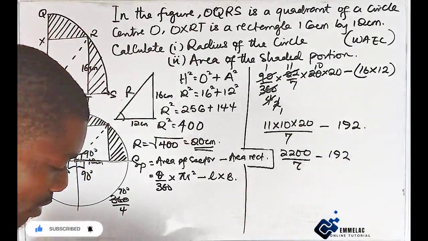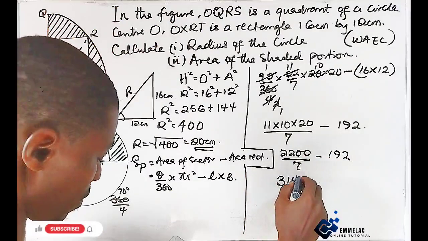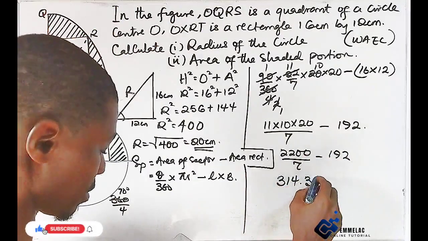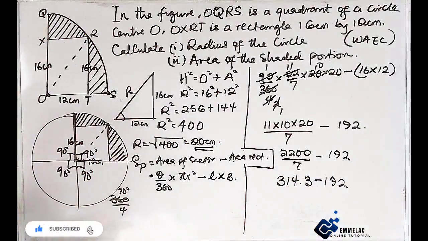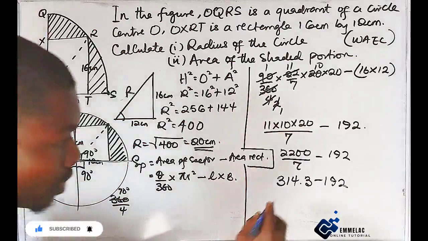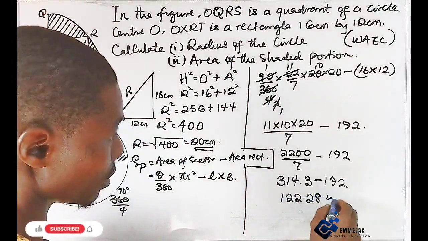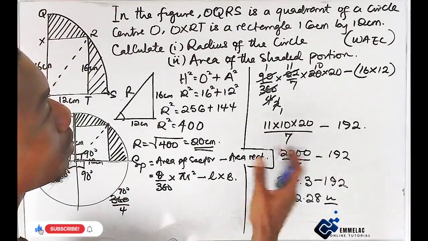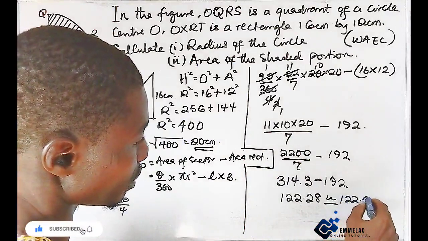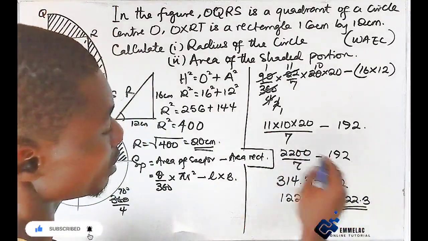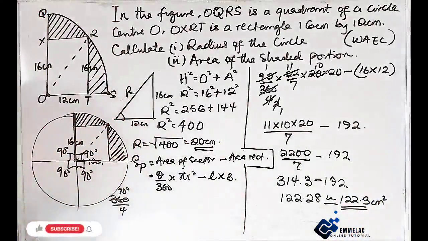Divided by 7, this should give us approximately 314.3. Then minus 192 will give us 122.28. Approximately, let's say 122.3 centimeter square. Alright, this is the final answer.